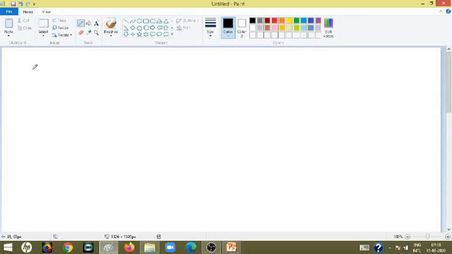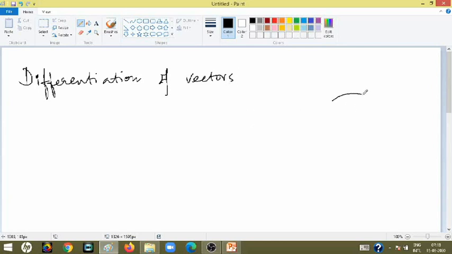Now let us discuss differentiation of vectors. Let us draw an arc, and here is the point of origin.